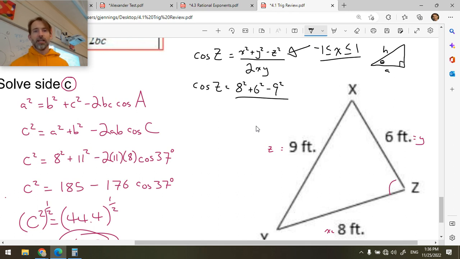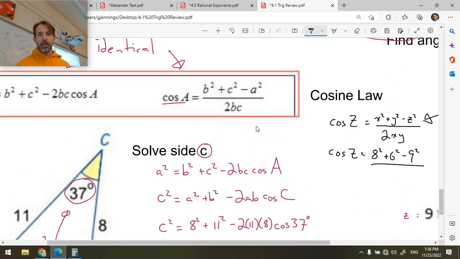It's important you get the negative in the right spot. Notice I used this equation here, but instead of big A and little a, I have big Z and little z, and then everything else lines up in the right spot. The letters you use are arbitrary. The relationship between the letters is necessary.